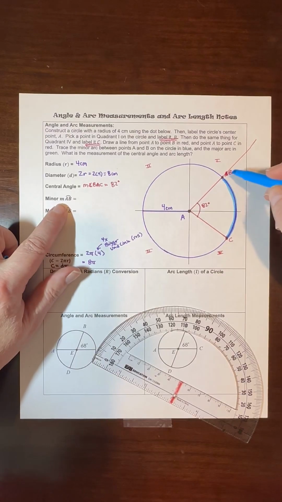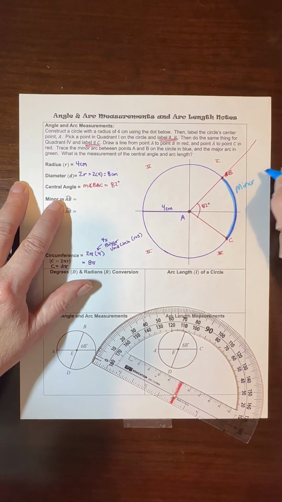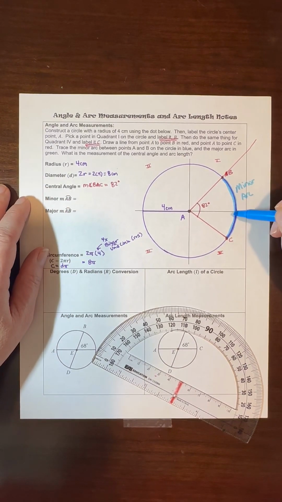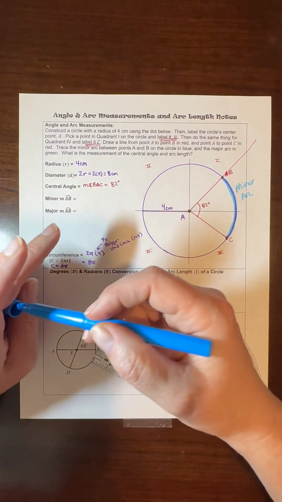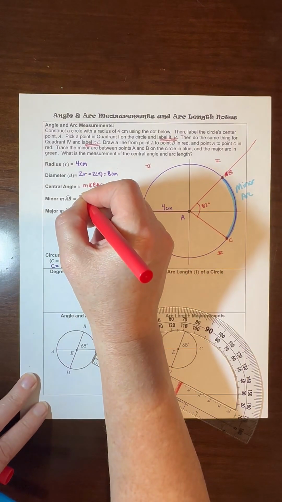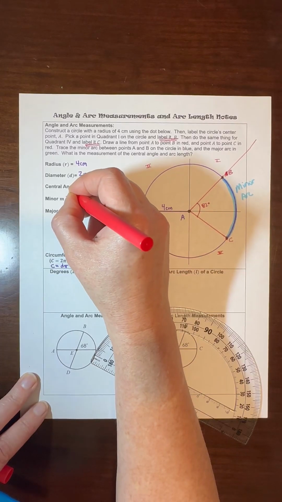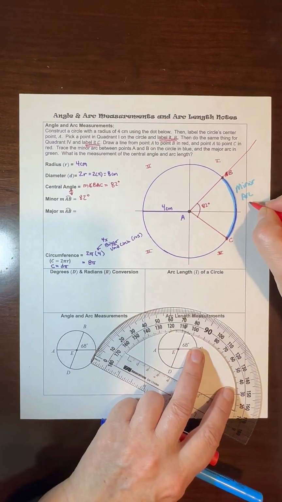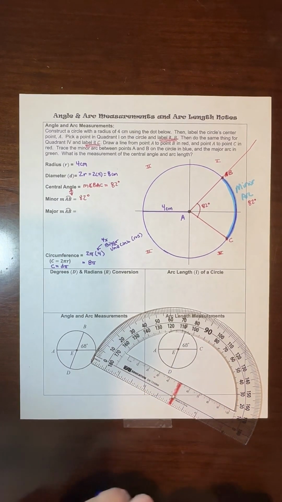So the arc AB, the minor one, so this is the minor arc, is that small angle between B and C on the circle. As we just noticed, the minor arc is going to be the same as the central angle. This is 82 degrees. My central angle and my minor arc are going to have the same measurement. So this guy is 82 degrees.